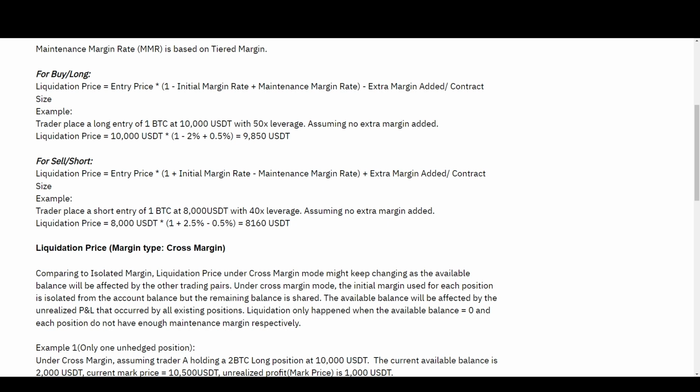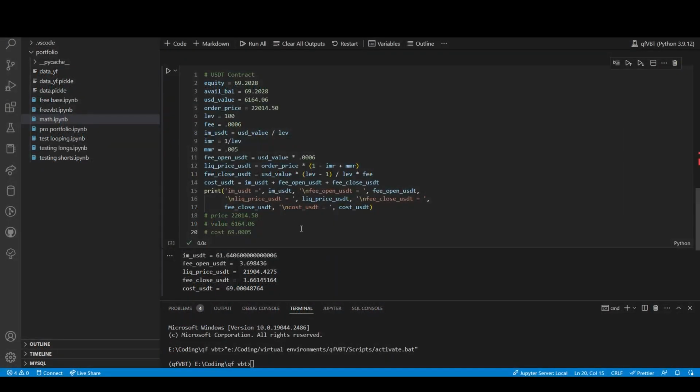Here, I just give it the USD value, and everything works out perfect. The numbers are absolutely perfect. Liquidation price, cost USDT, all that stuff.